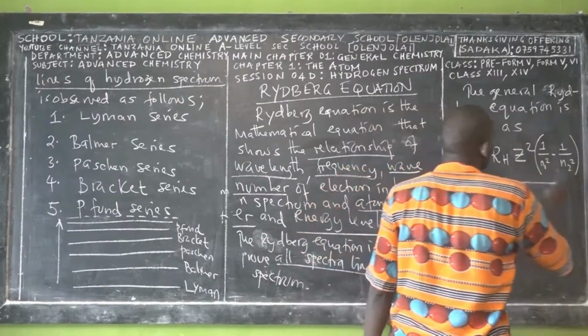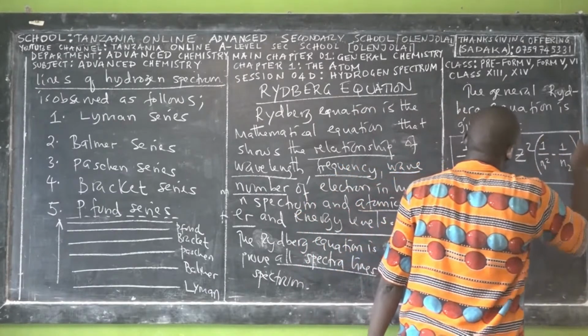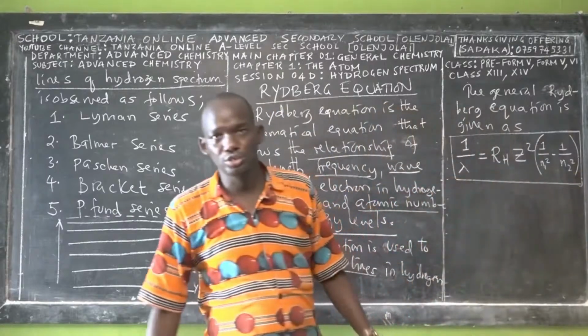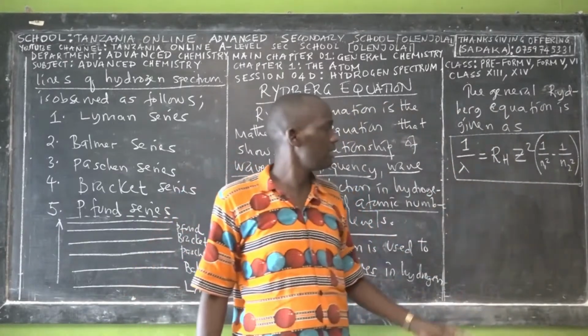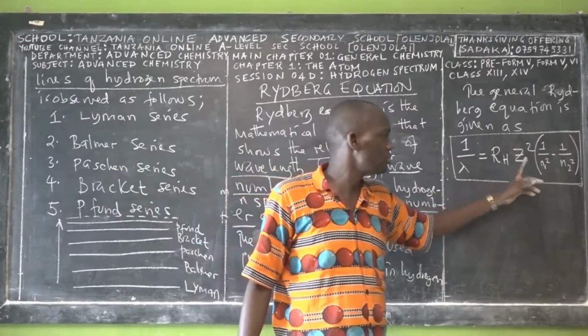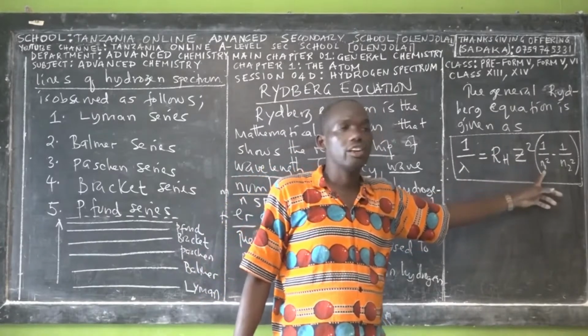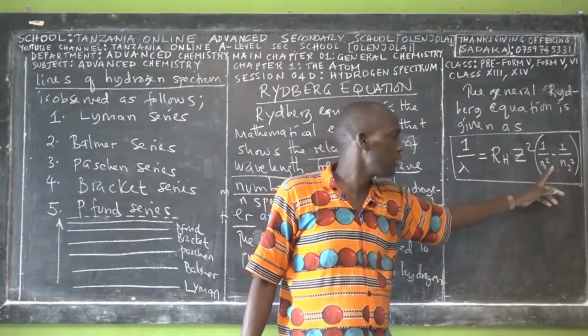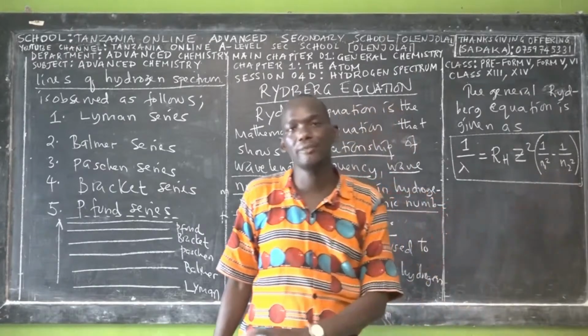So this is the general form of the Rydberg equation. You see that this is 1 over wavelength, the Rydberg constant, the atomic number, the lower energy level n1, and the higher energy level n2.